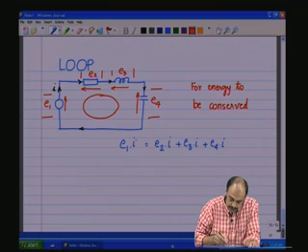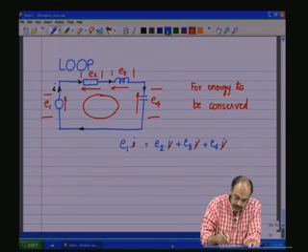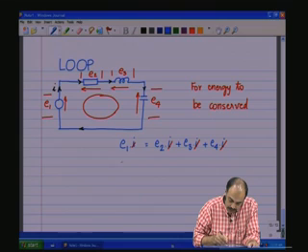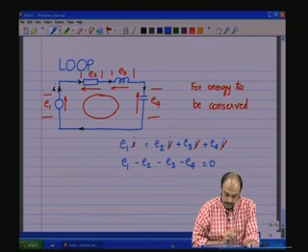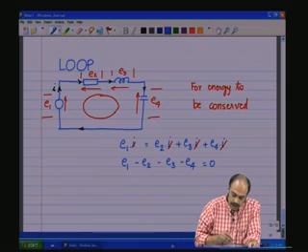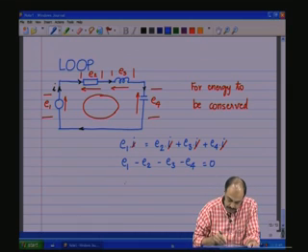Now, these I's being common, we can just cut it off if you do the algebraic manipulation, and we will end up with E1 minus E2 minus E3 minus E4 equals 0. And it could be any number of components, really does not matter.